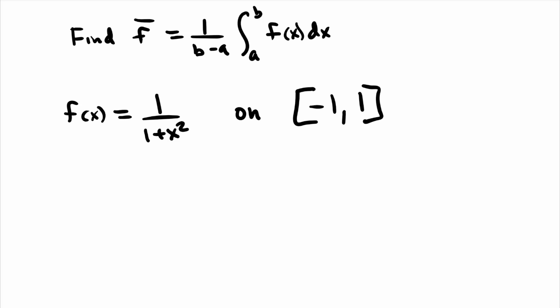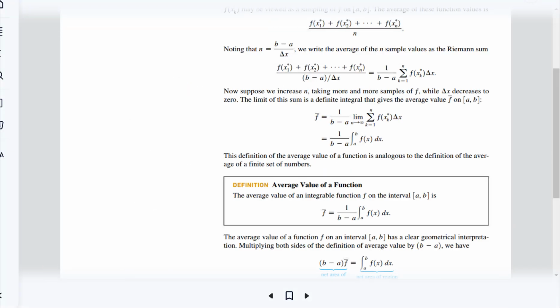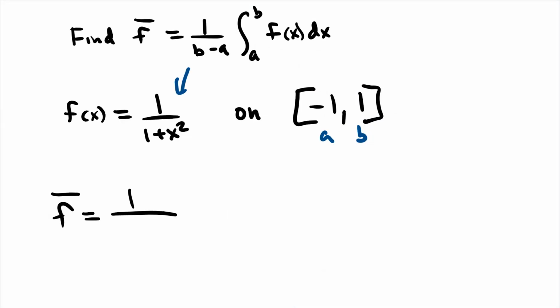So let's set it up. Here's our a, here's our b, there's our function. So we're going to say the average value is equal to 1 over, and our b is 1, and then we need to subtract out our a, which is -1.